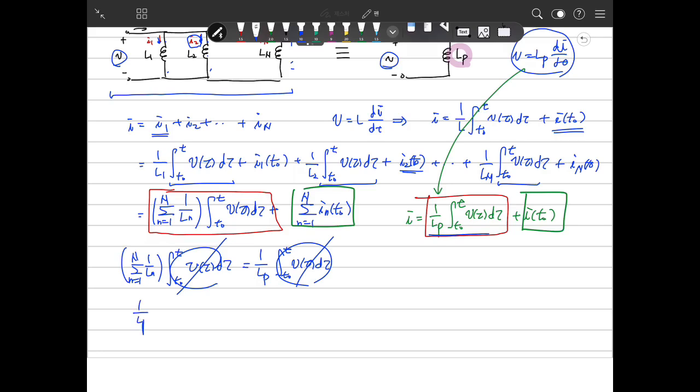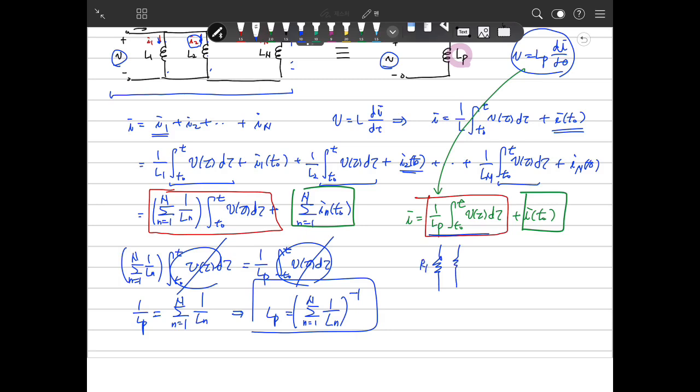So the equivalent inductance can be written as follows. From here, what is Lp? It is the inverse of the sum of the inverse inductances. And you remember here, this is R1, R2, Rn. Then what is Req?